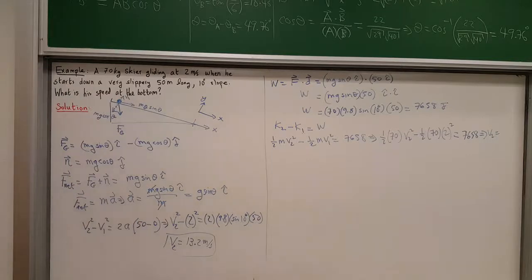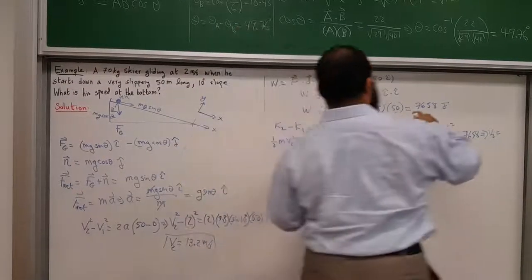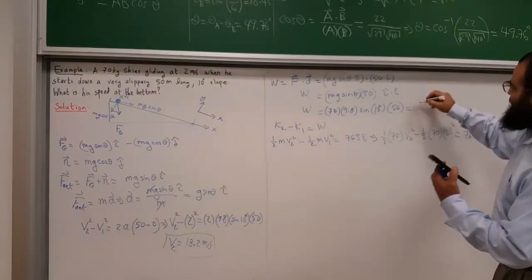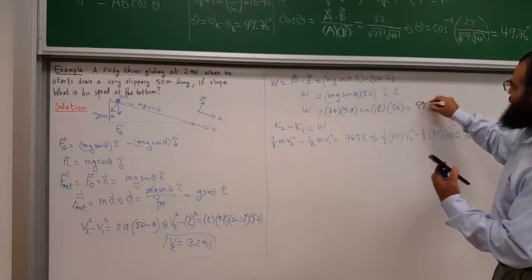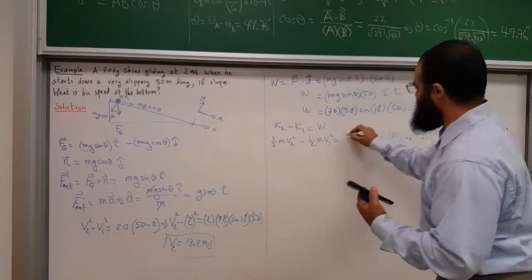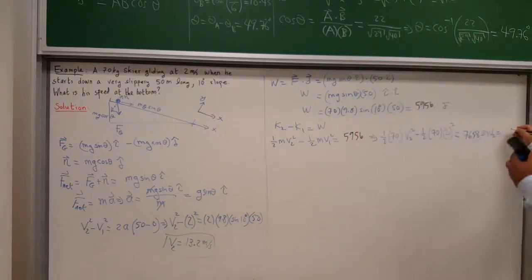Let me just check my work here. Okay, I'm double checking my work. I think I made a mistake here actually. This should not be 7658, it should be 5956. That's why it seemed like the number I got was larger. 5956. And now v2 will give me the 13.2 I thought I would get. 13.2 meters per second.